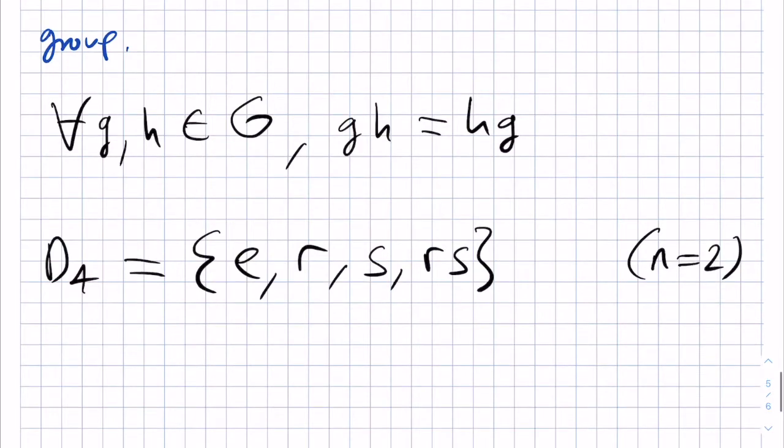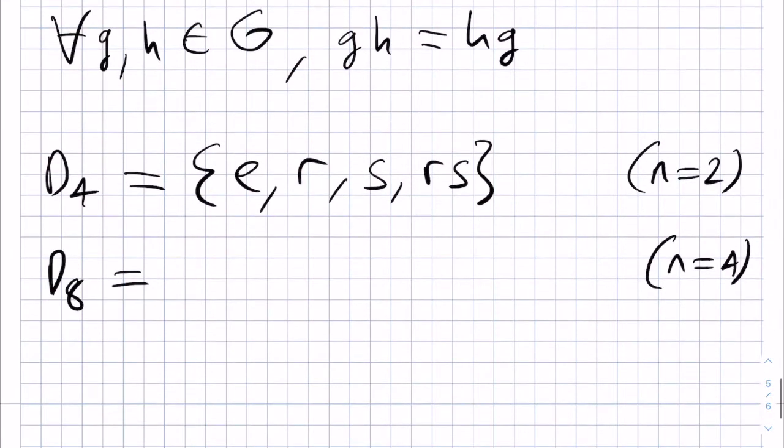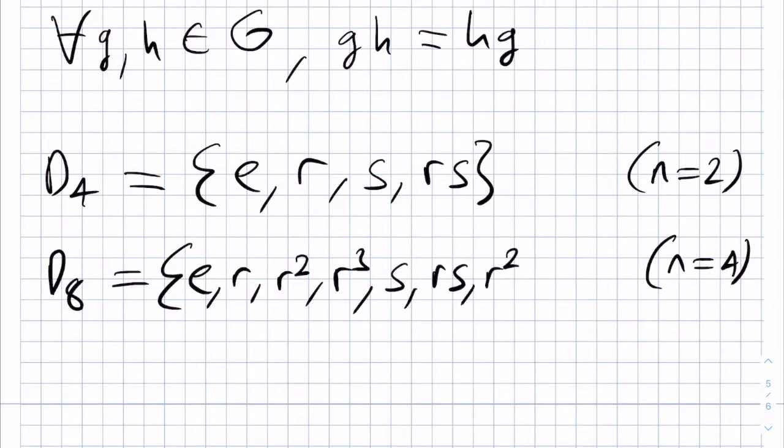Similarly, for D8, we have that n is equal to 4, and so we have the elements e, r, r squared, r cubed, at which point r to the 4 gives us back e, and then s, rs, r squared s, and r cubed s.